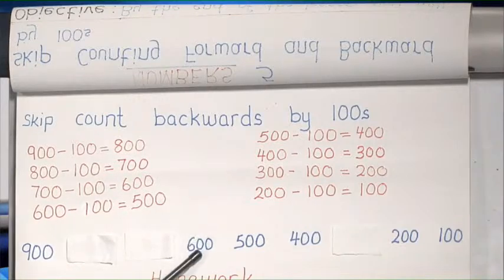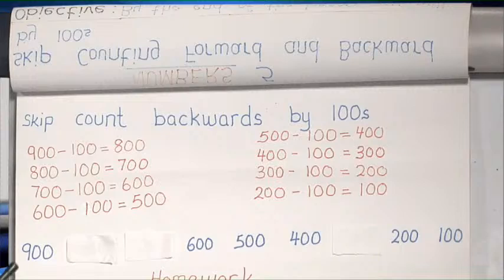But the fourth number is written there, 600. Then I will move further. This is first number, second number, third number. And then fourth number, 600. Fifth number, 500. This number, 400.